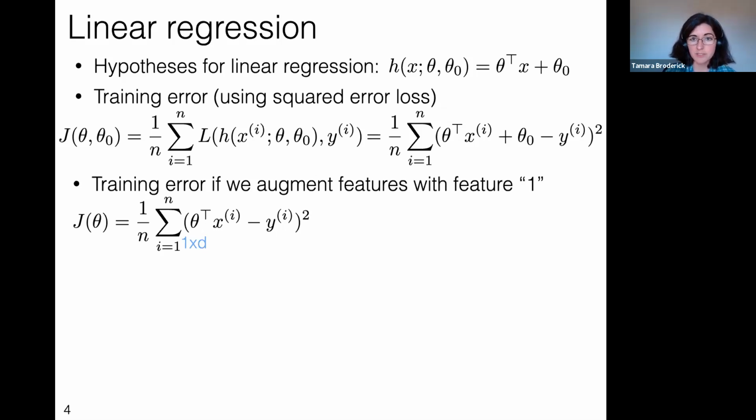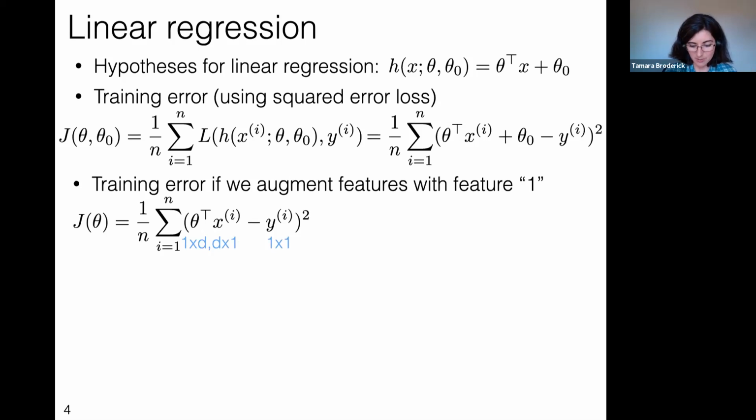So theta transpose is 1 by d. Same thing with x. It's a column vector, d by 1. And so these are two things that we can multiply by each other. We're going to get out a 1 by 1, a scalar. Now, yi itself is also a scalar. It's just a label, some number. And so we can subtract one of these from the other, and we'll get a scalar, and that's something we can take the square of. So this is all legit.